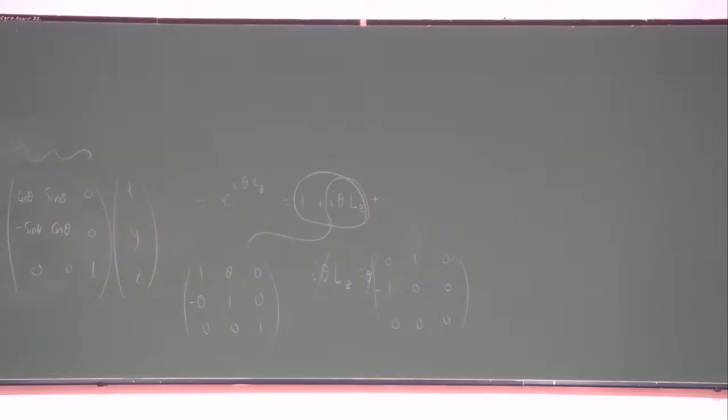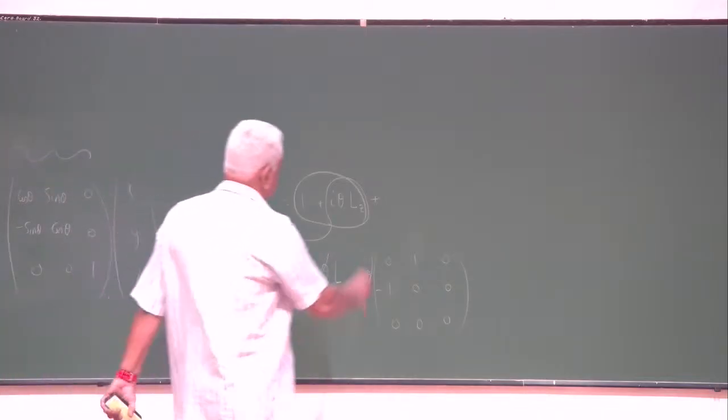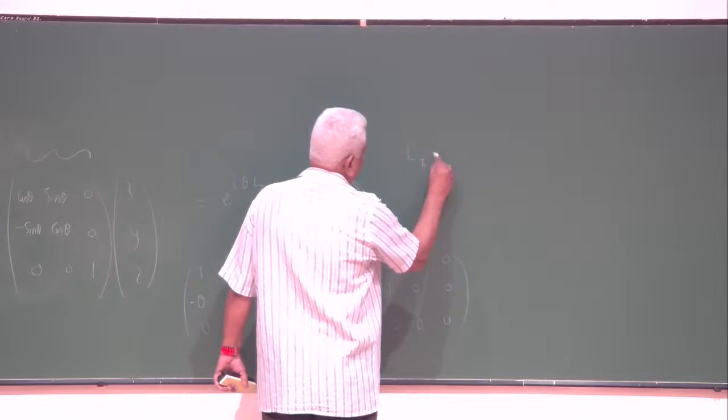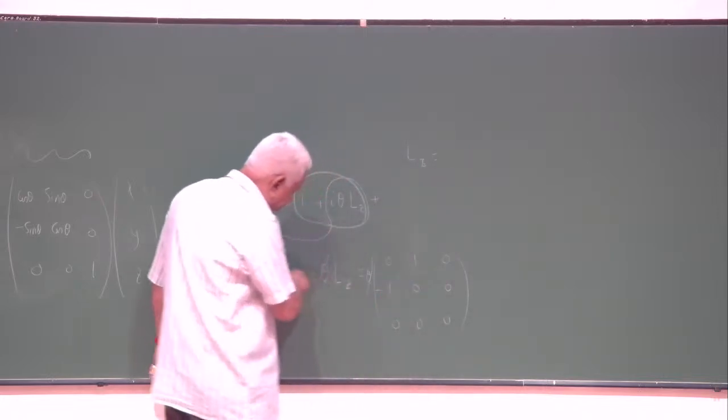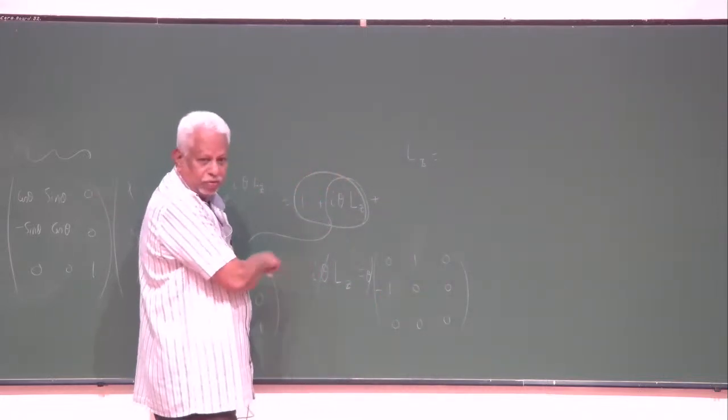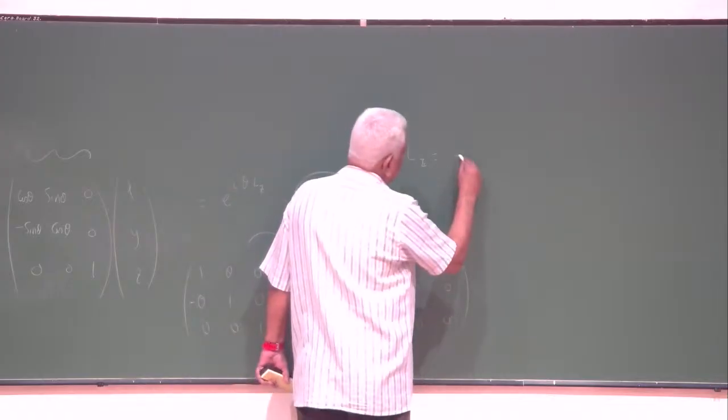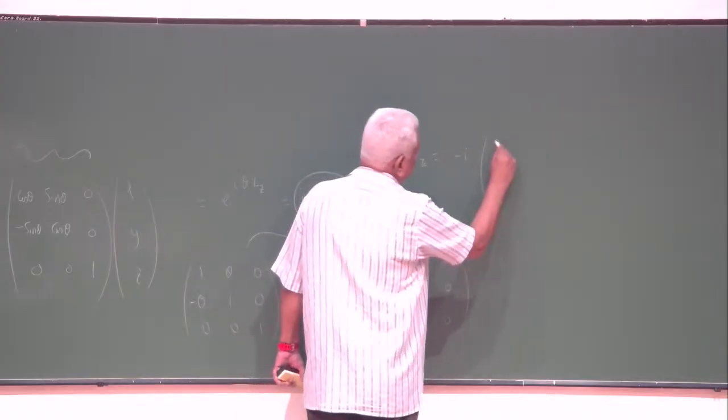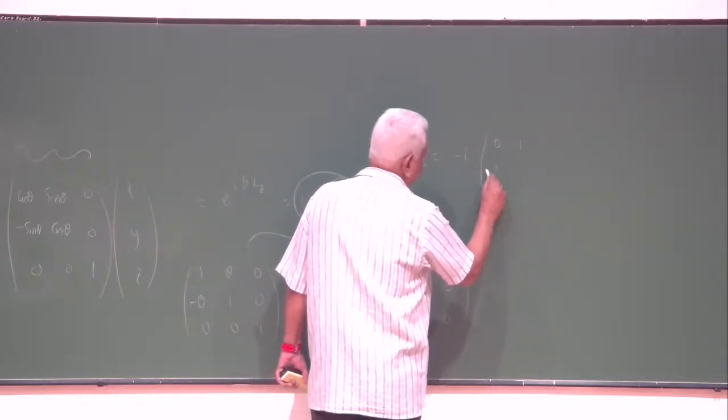i Lz is that matrix. So, what can I do? If I want to know Lz, I should multiply by minus i. If I multiply by minus i, it is minus i, 0, 1, 1, minus 1, 0.